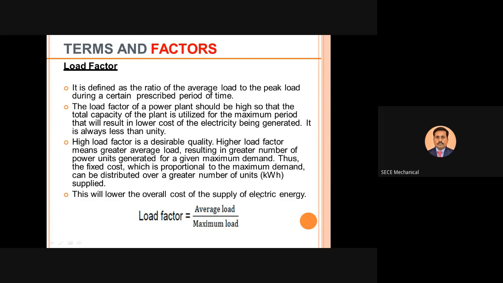Likewise, you have to take some prescribed period of data, based upon that you can calculate the load factor. So average load and peak load both should be taken for calculating the load factor.